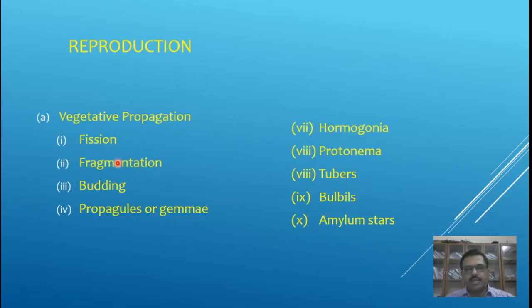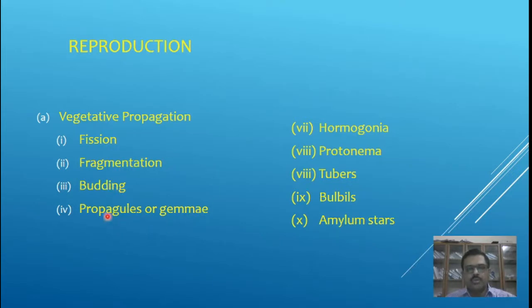We find fragmentation, in which portions of the algal body are detached and separated from the parent thallus to form new algae. And budding is a form of fission in which a bulging is developed on the thallus of certain algae, which gets detached, and these buds then develop into new algae.